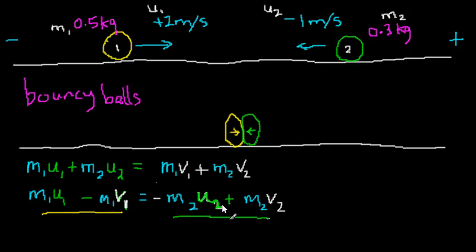And on the right side, this minus M2 U2 is the initial momentum of the green ball before colliding, and M2 V2 is the final momentum of the green ball after colliding. So on the right side, I actually have the change in momentum of the green ball.